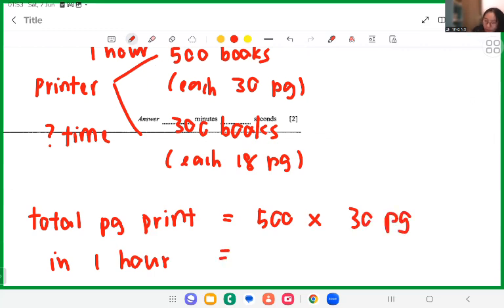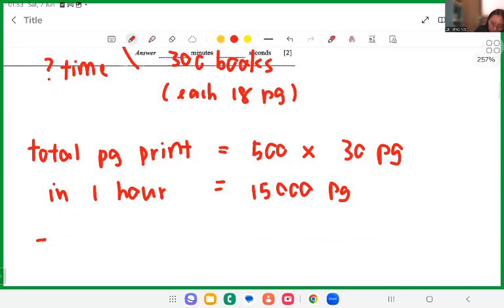So for this, we get that the answer is 15,000 pages. Then we need to find the time needed for this printer to print one page.